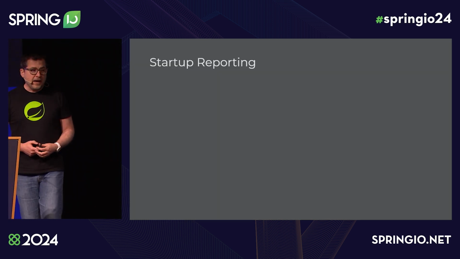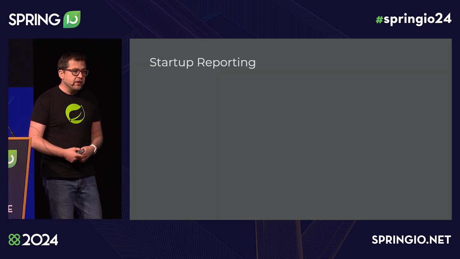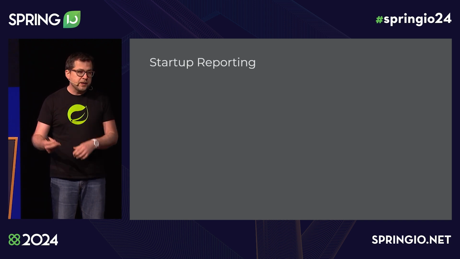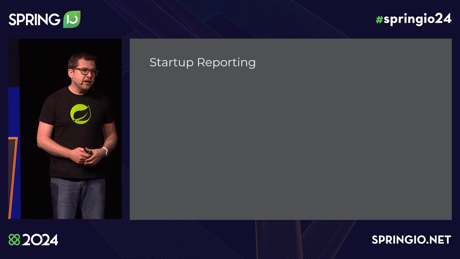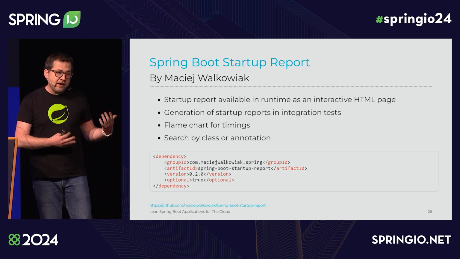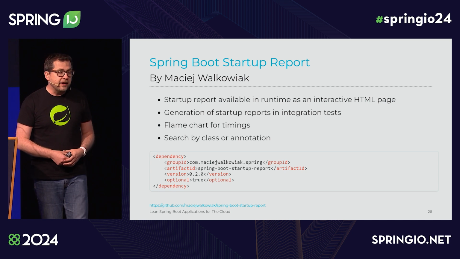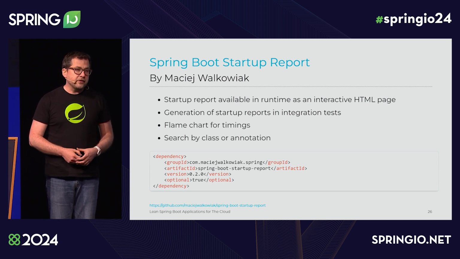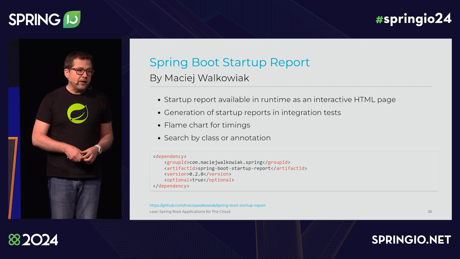So when I started my journey with all these like measuring like different Java versions, different Spring Boot versions and so on, I came across a tool from Maciej, the guy who talked just before me. And he exported actually some data which is available in Spring Boot with a tool, and you see actually like the artifact there.